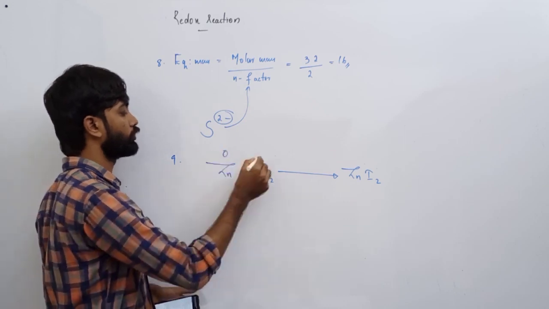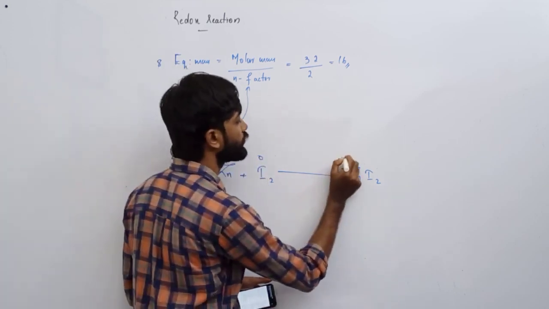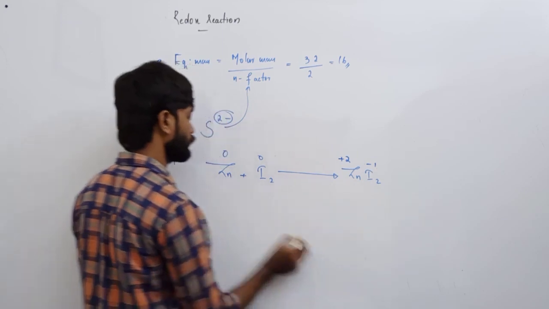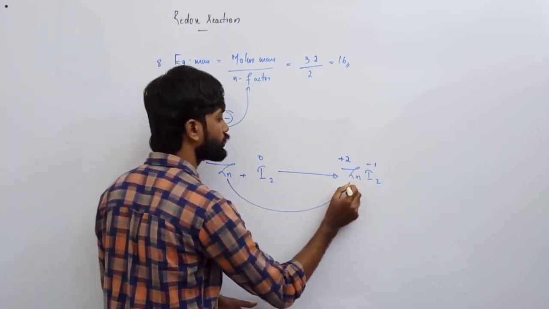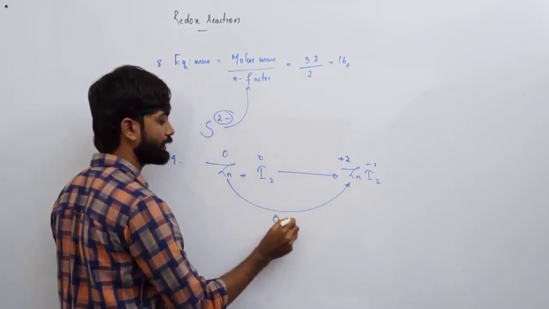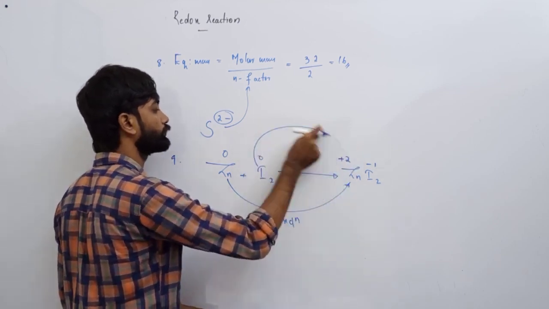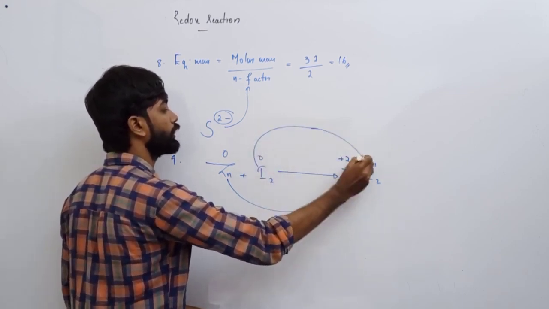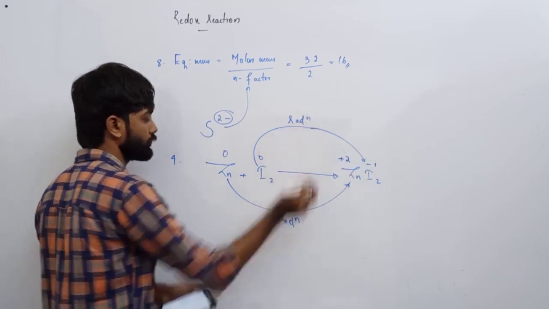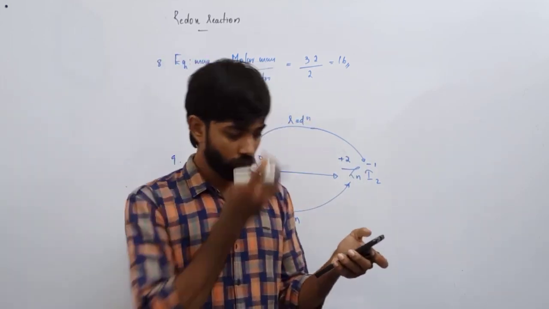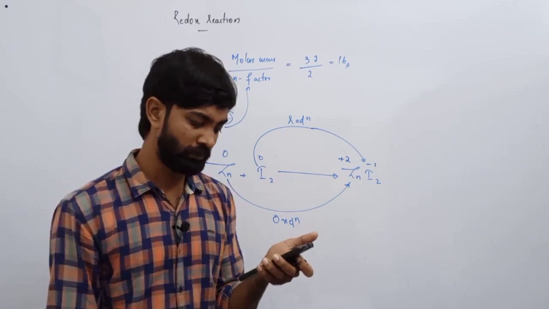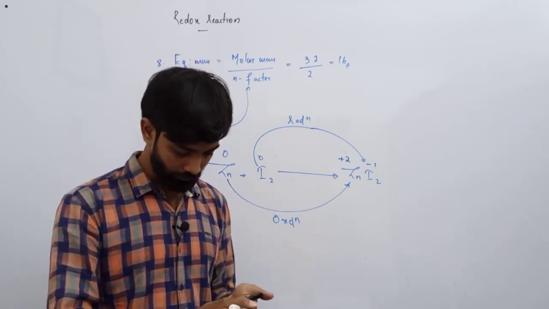So 0, 0, and now your zinc is in +2, iodine is in -1. So zinc atoms undergo oxidation, and iodine atoms undergo reduction. So which is being oxidized? No doubt it is zinc atoms. Okay.